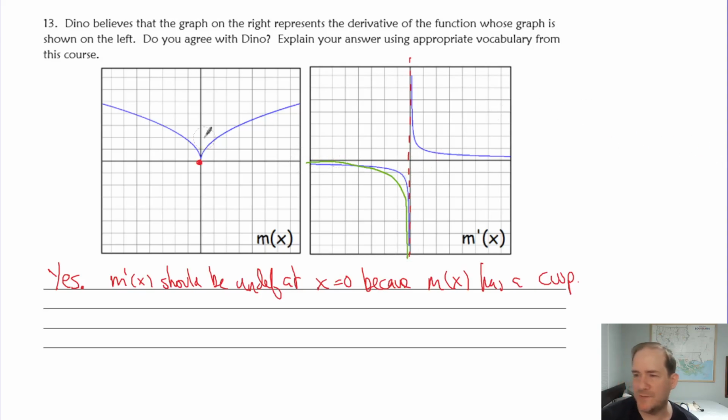And that should make sense because the original function is decreasing, decreasing, decreasing along that whole interval. So you could say m prime of x should be negative on the interval from negative infinity to 0 because m of x is decreasing.